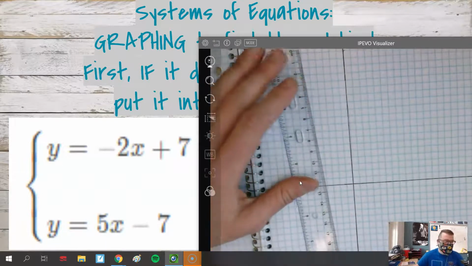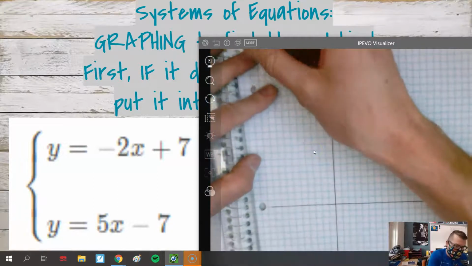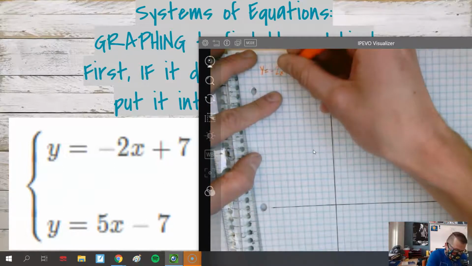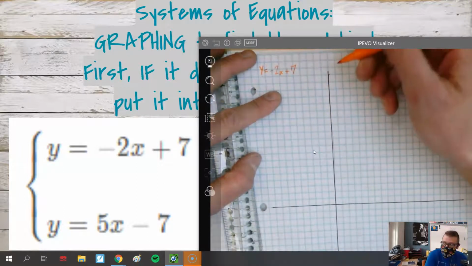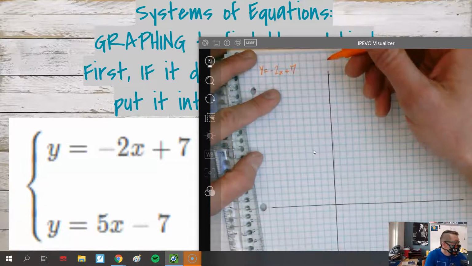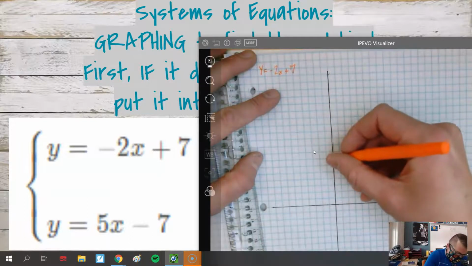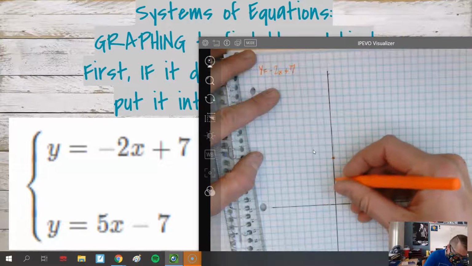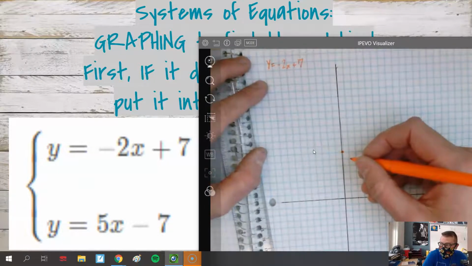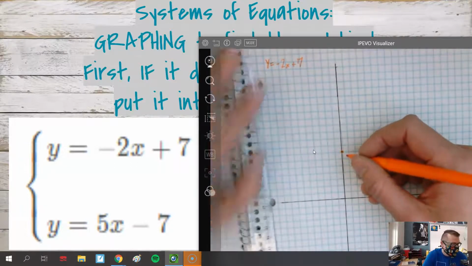All right. Our first line, and I'm going to try to color code my paper by putting my functions written up here and then drawing in the corresponding colors. Negative 2x plus 7. Who can tell me how to graph this? Zoe? Yeah, so turn around how you say it.